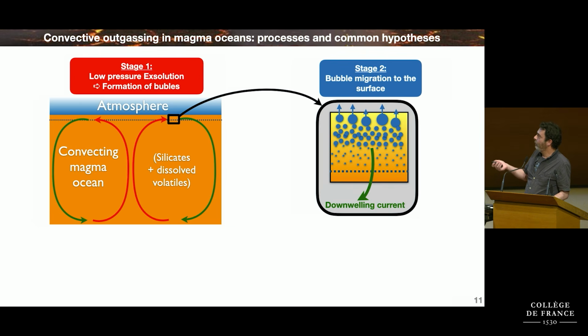The exsolution, the formation of bubbles, is very fast in the magma ocean because you have a vigorously convective magma ocean. So you expect to have a lot of convective cycles that are very short. So you should expect to bring all the material to shallow depths, and then you expect the bubbles to rise very quickly because they are much lighter than the silicate magma ocean.